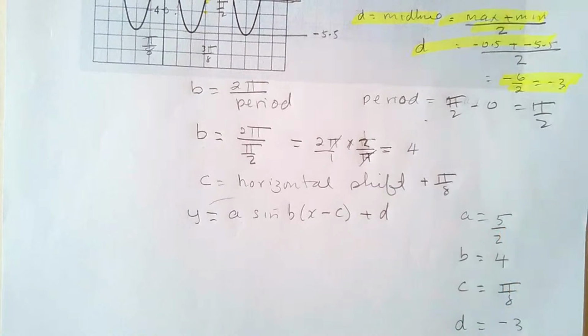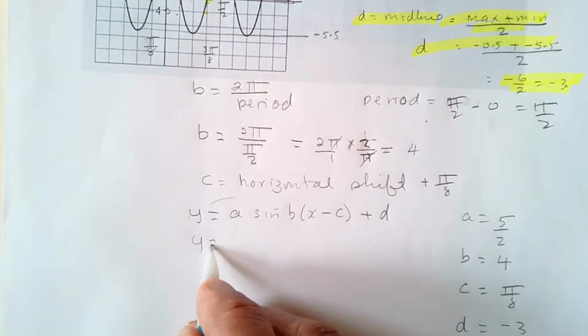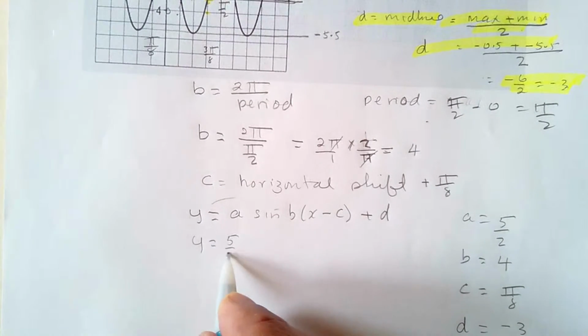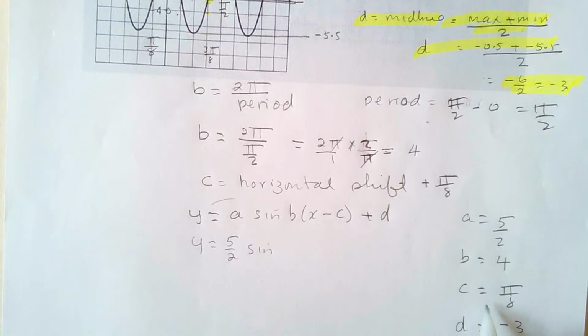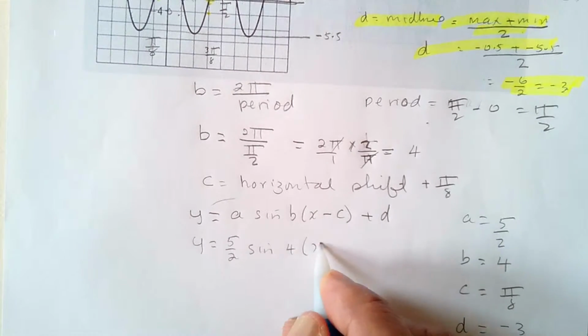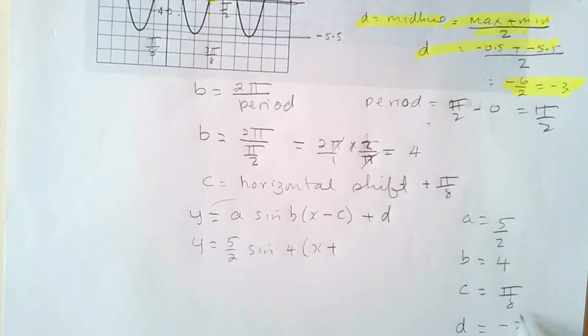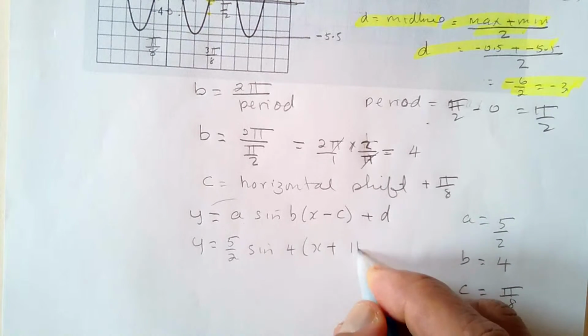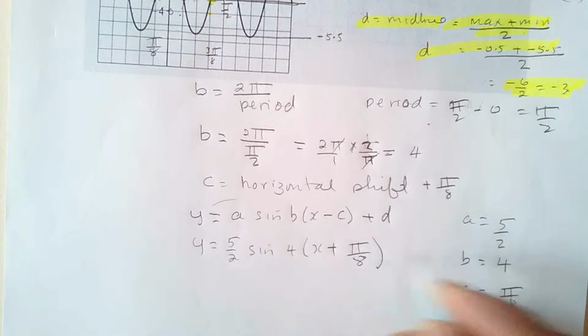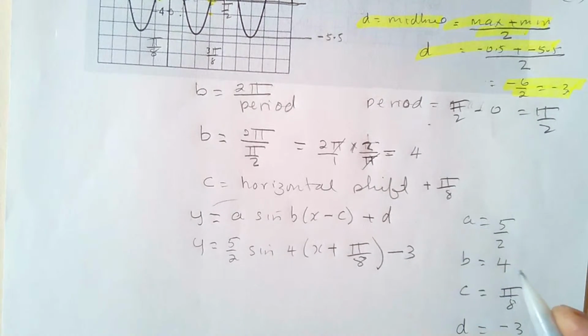So we have a negative 3 there. So y is equal to 5 over 2 sine, b is 4, x plus pi over 8, minus 3. So that's our graph.